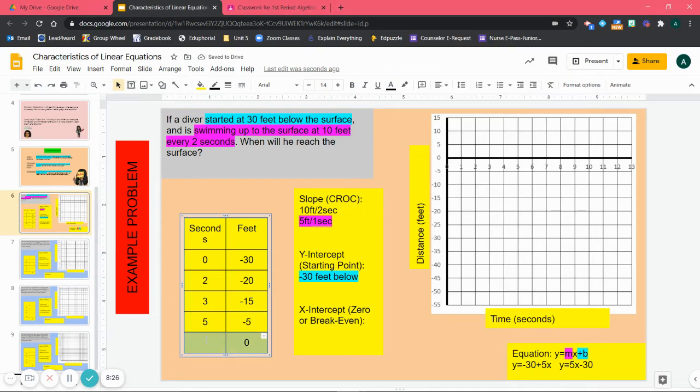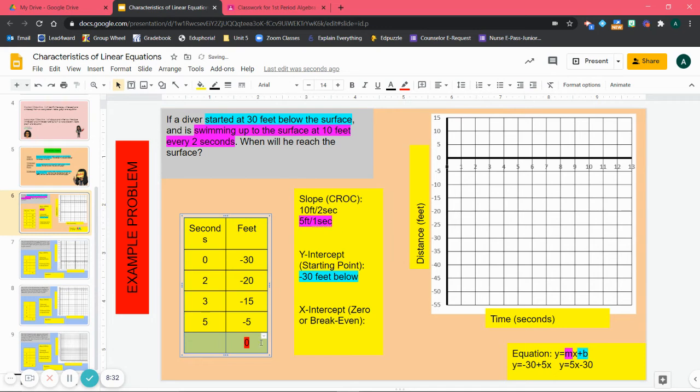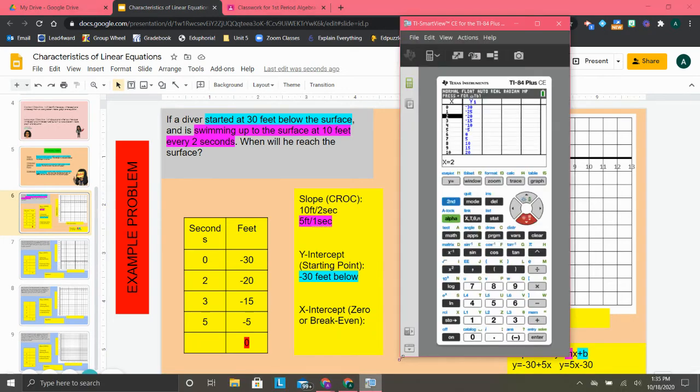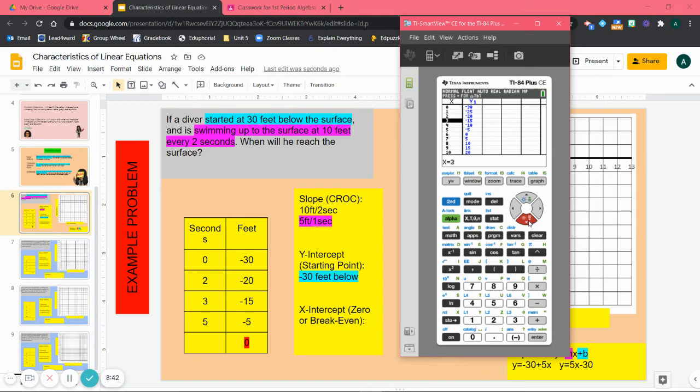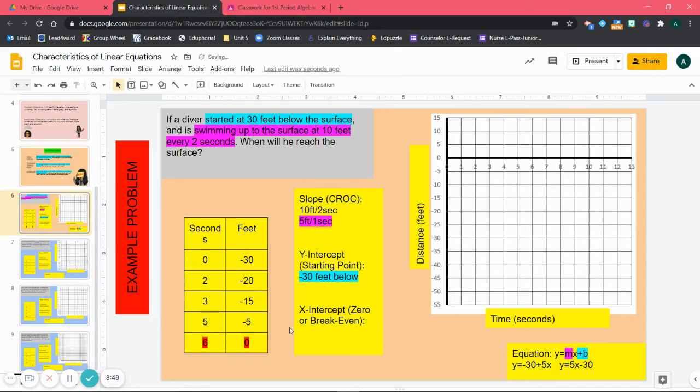And I need to know this part right here. When does the diver finally reach the surface at 0 feet? 0 feet represents when the diver finally comes up from the water. So if I look at my calculator, that was 6 seconds. Okay.